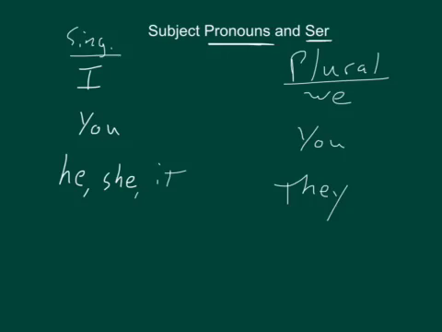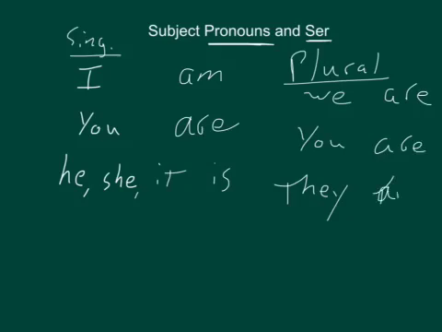But in English, to be would be I am, you are, he, she, or it is, we are, you are, and they are. And so you see some differences, and in Spanish this is really, really important.